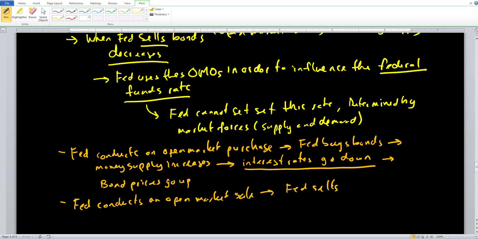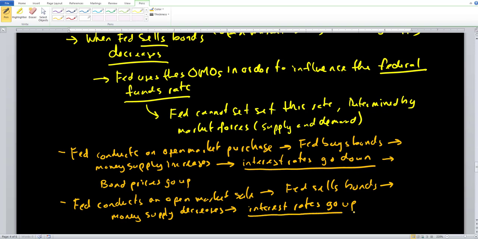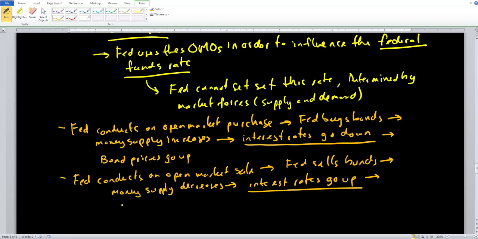The Fed sells bonds, and when they sell bonds, that takes money away from the economy. So the money supply decreases. And as the money supply decreases, interest rates go up. And then finally, as interest rates go up, that causes bond prices to go down.